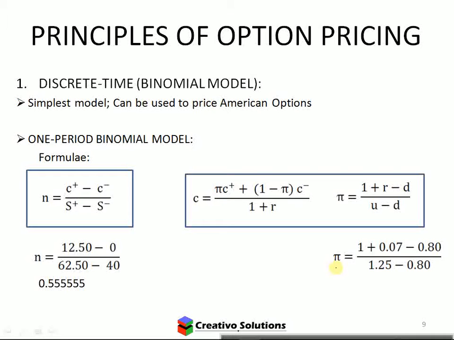Let's see what you get as the call, because now I'm working out the C. So it's a bit of simultaneous equations, basically. It's up to you how you do it, but as long as you get to the right answer, then that's great.